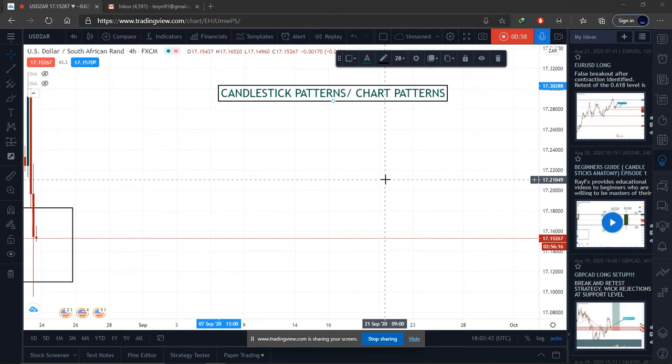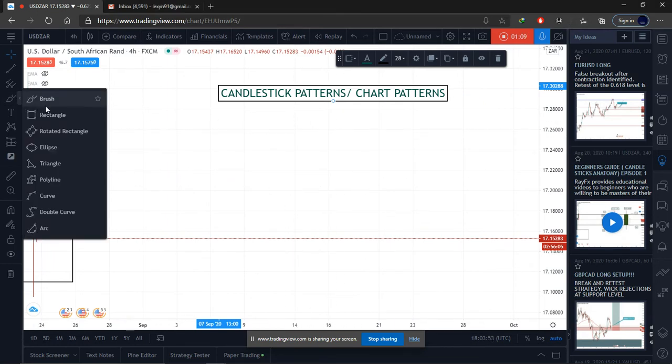So the first candlestick that I look out for is the bullish engulfing candlestick pattern. With a bullish engulfing, this is how it is formed.